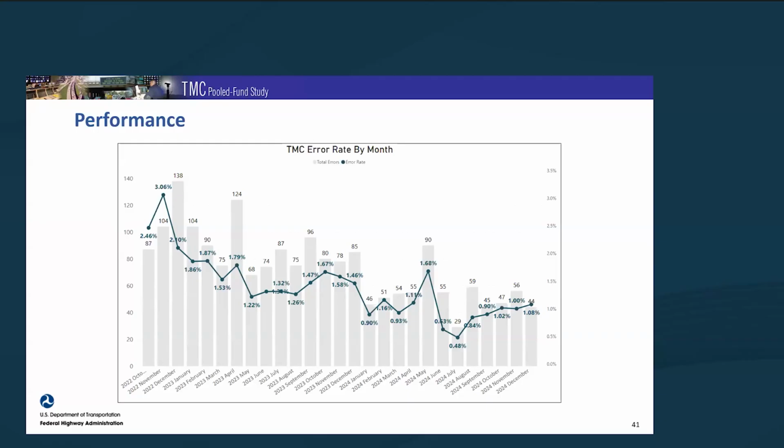And the reason that we use that error rate as our metric to measure performance is best explained by this example. So let's say you have two operators and those two operators both made 3 errors for that week. And by just looking at the total number of errors, you would say that, okay, both these operators are performing at the same level. They both made 3 errors. But if you take into consideration their total number of incidents worked, you can get a different story.